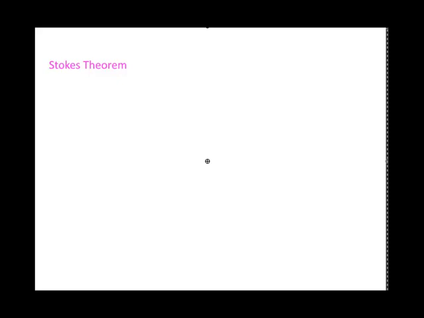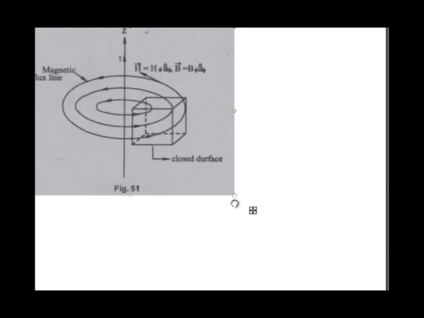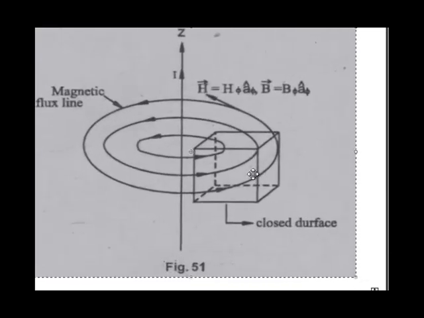Then let me explain another concept. Consider this figure. In this figure you can see the current is flowing from bottom to top on the z axis.